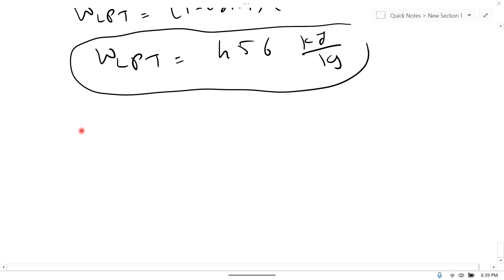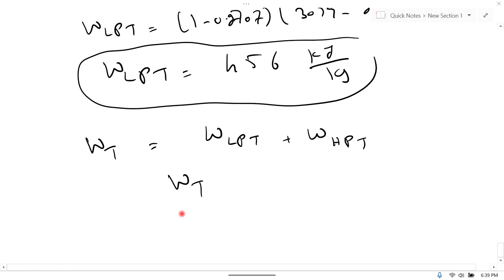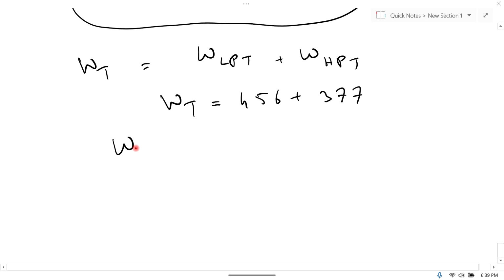So total work is equal to work of low pressure turbine plus work of high pressure turbine. Previously we found work of high pressure turbine which is equal to 377, and work of low pressure turbine is more as compared to high due to high pressure ratio. This is equal to 833 kilojoule per kg.